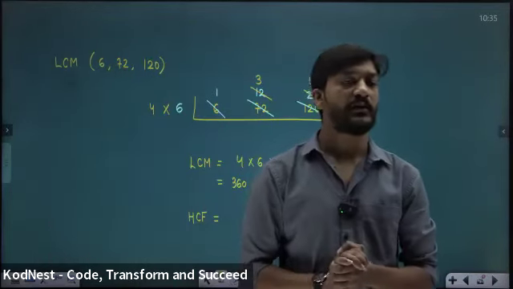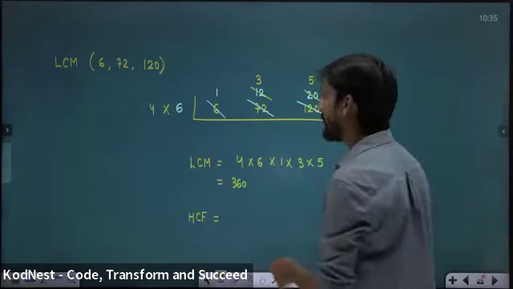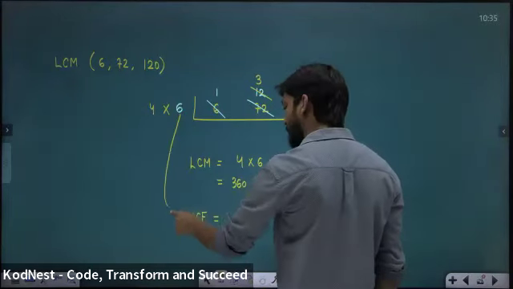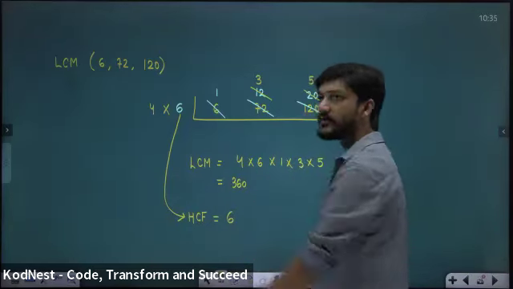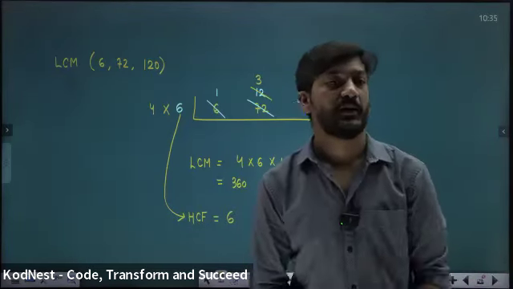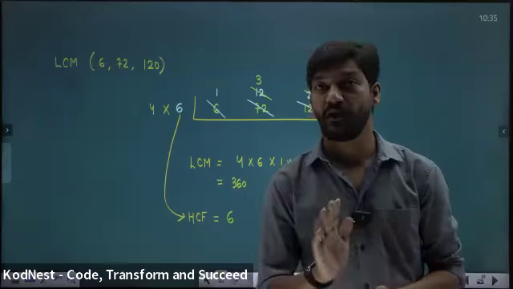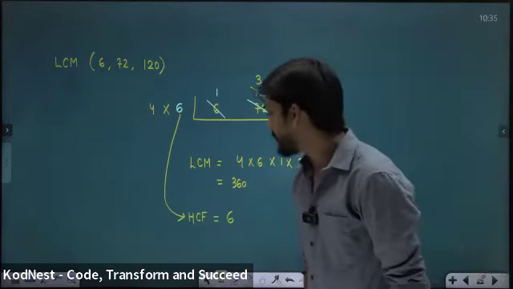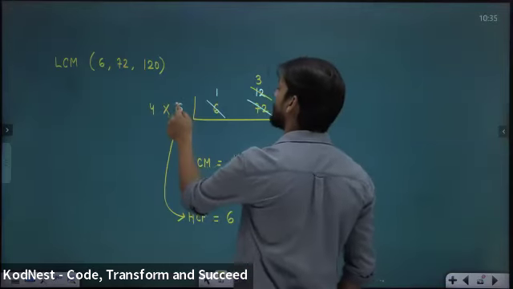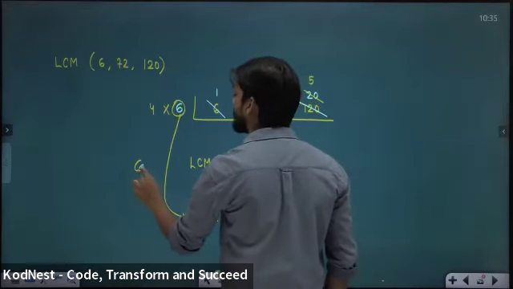No. So 4 will not be counted. 6 is the number which has cancelled all of them. That's why 6 is your highest common factor. Is this point clear? Highest common factor is 6 because 6 cancels all.